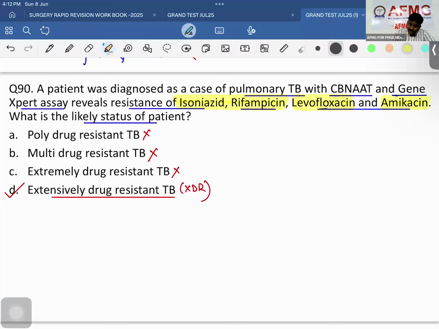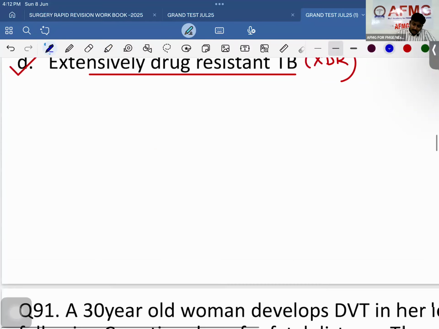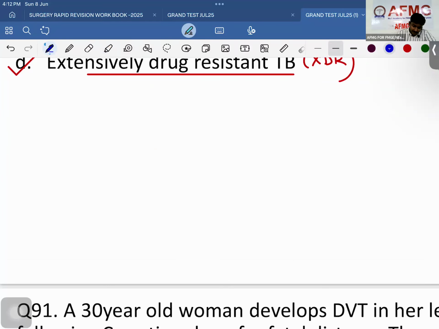Remember, the investigation to diagnose TB can be CB-NAAT, and CB-NAAT can tell you about rifampicin resistance. But for other drug resistance, you have to go for GeneXpert. So GeneXpert or line probe assay, these are the assays that will tell you about the resistance to other types of anti-tubercular drugs.